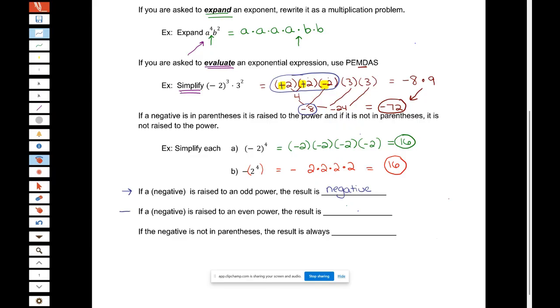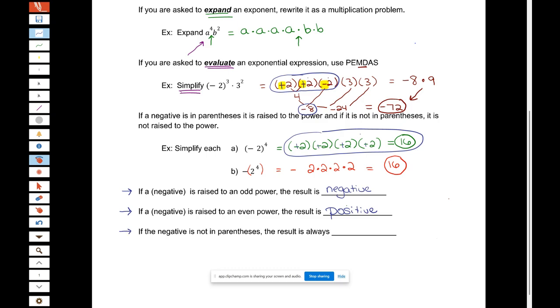If a negative is raised to an even power, the result is going to be positive because every 2 negatives cancel to make a positive. Like in this example right here. These 2 negatives canceled, these 2 negatives canceled.